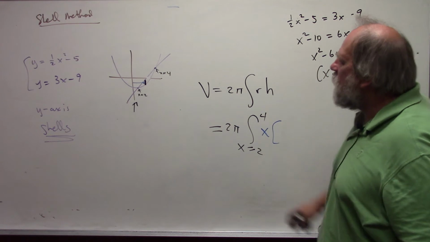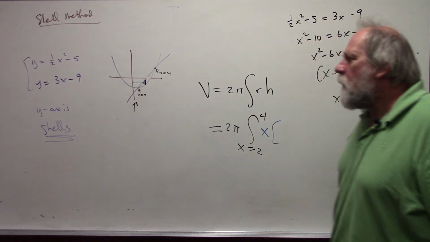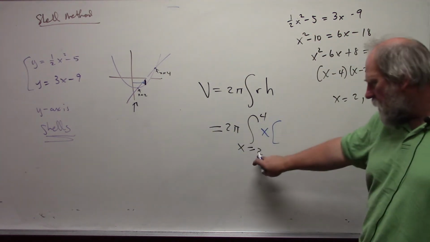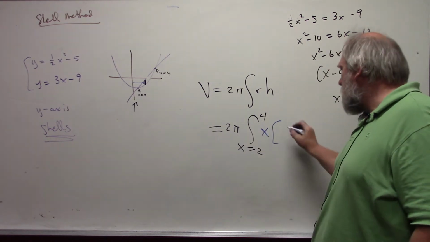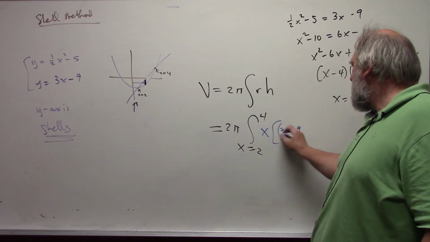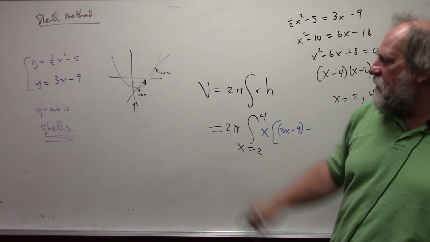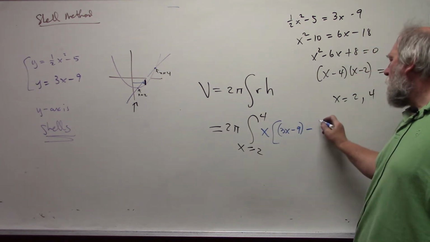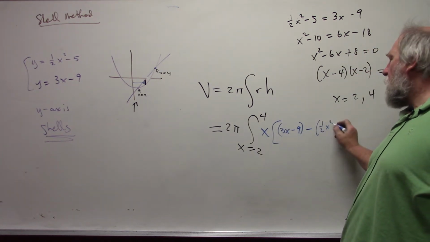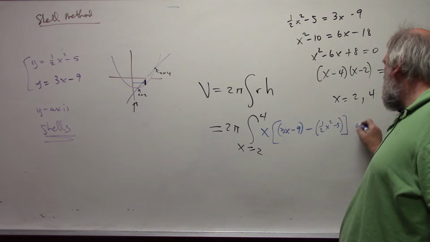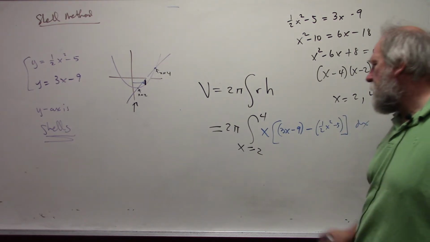And for that, I need to do top function minus bottom function. My top function was the line, which was 3x minus 9. Variable is x, so that's good. Bottom function was the parabola, 1/2 x squared minus 5. And this is actually the setup.